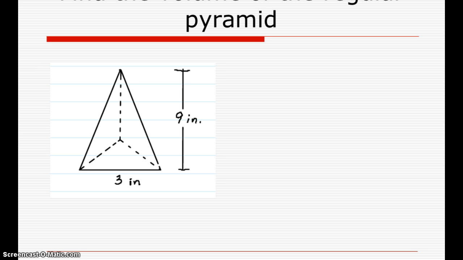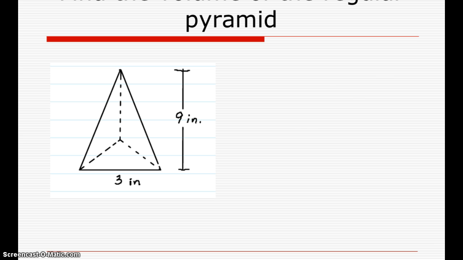But that is not necessarily going to be the same as the triangles on the side. In fact, we know it's not because it's a lot taller than 3. And you can see that the tip of the pyramid down to the center of the pyramid, that's going to be 9 inches. So to find the volume of this, we're simply going to find the base area.